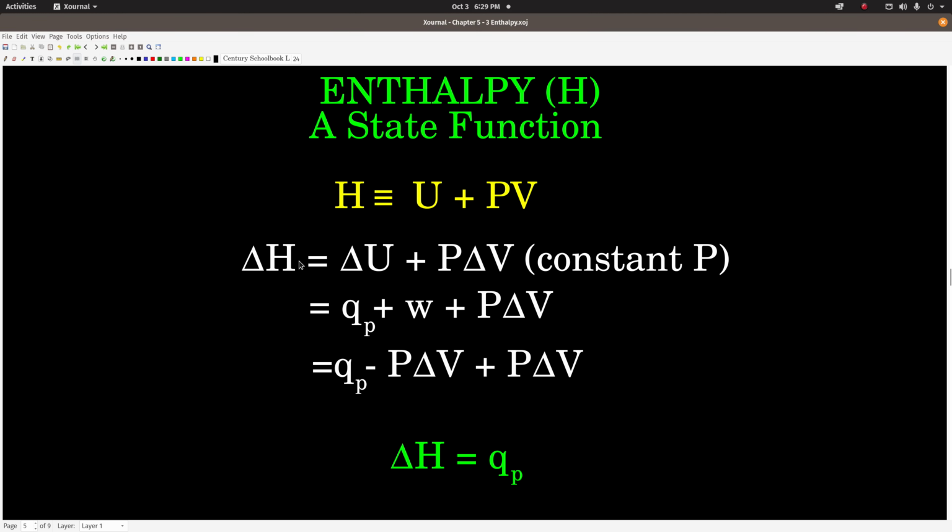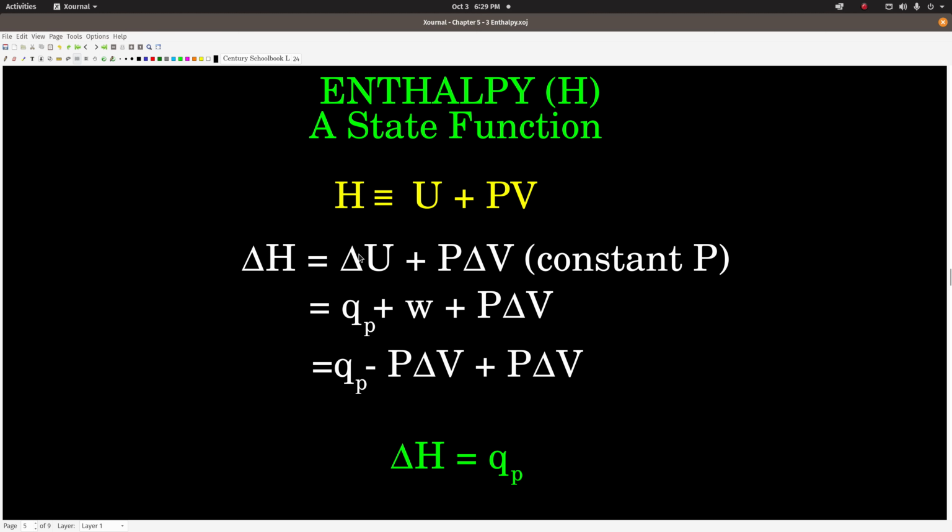So what I've done here is said that because H is equal to U plus PV, delta H is just equal to delta U plus, well, it would be delta PV, but if pressure is constant, which is what we're defining here, pressure doesn't change, so pressure comes out front. Remember that delta just means the change, right?